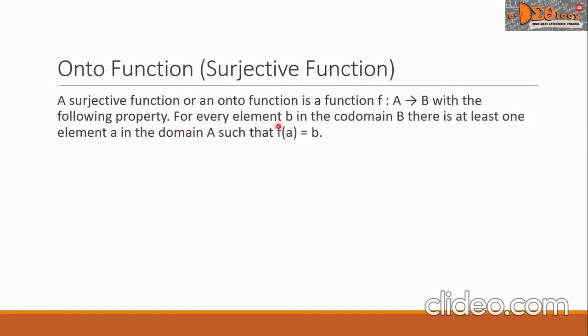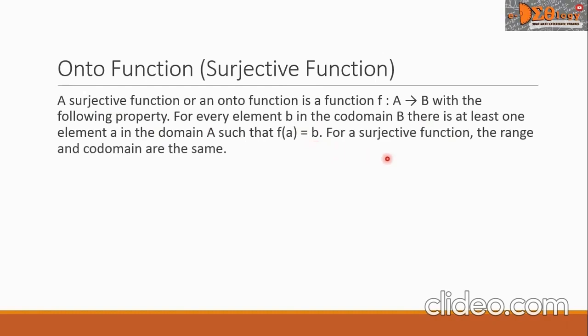For every element b in the codomain group B, there is at least one element a in the domain group A such that f of a equals b. For a surjective function, the range and codomain are the same.